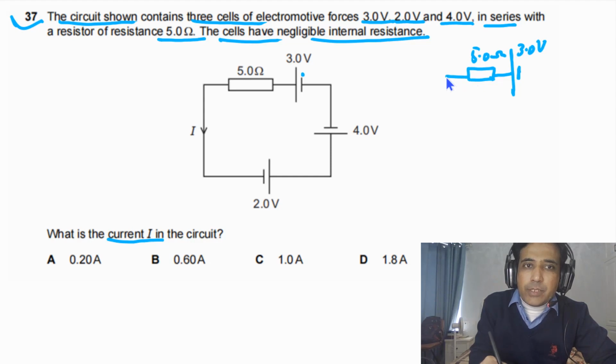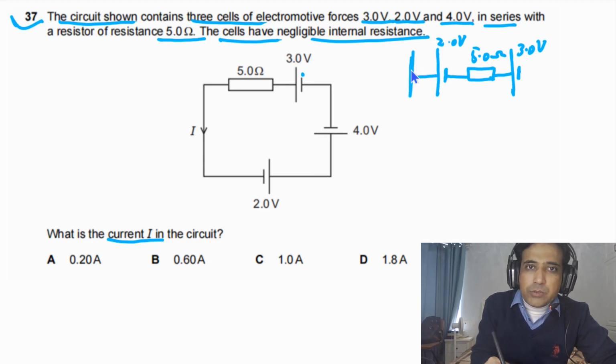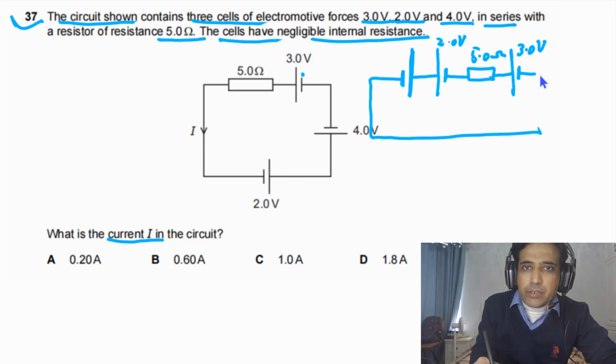And after that we have this cell, with the negative terminal, and here the positive terminal, and this cell is 2.0 volts. After that we have the positive terminal of this cell, and here we have the negative terminal, and then simply we can draw this line. So this is our circuit now.